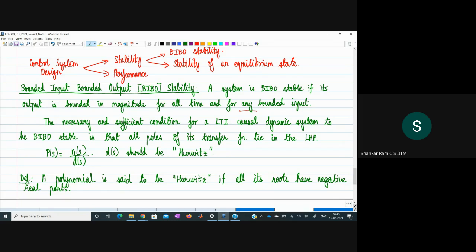For example, if we have a non-repeating pole at the origin, when we give a step input, the output becomes unbounded. If you have a non-repeating pole at plus or minus j omega, the output becomes unbounded only for cos omega t and sin omega t. Consequently, people call that case the system being marginally stable or critically stable.